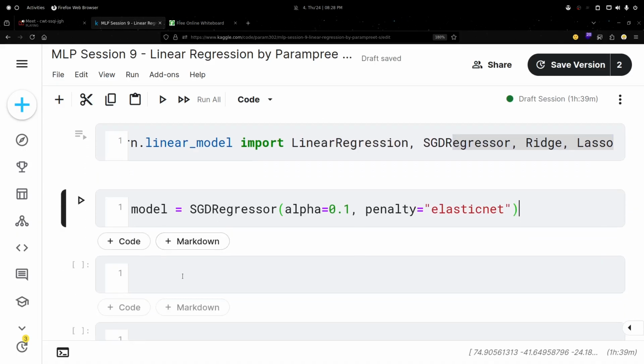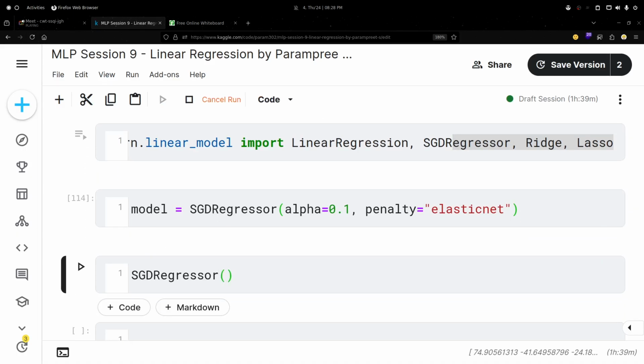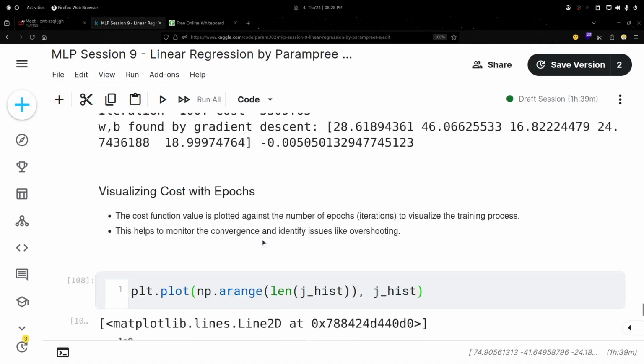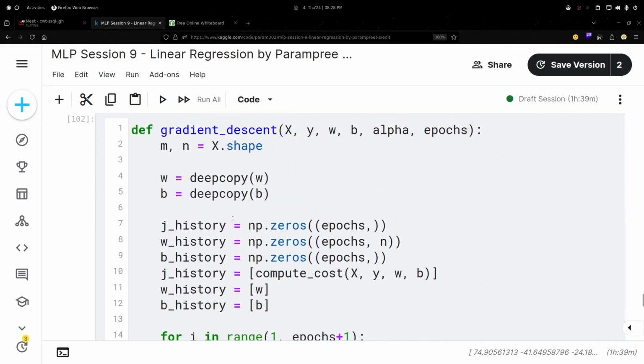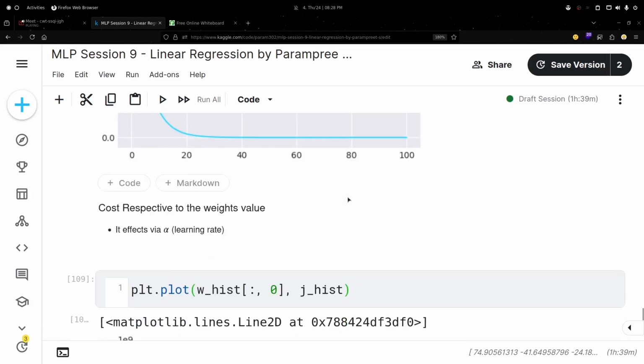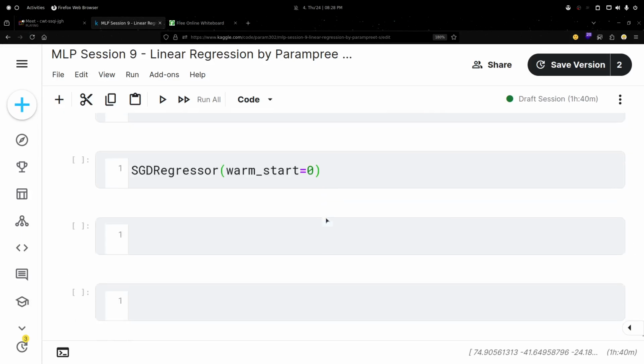And one more thing, in the questions you might have seen one parameter which is warm start, right? What warm start basically does is we are noting down each step in the gradient descent. Okay, so if we set warm start and then we do fit, whenever we call model.fit now, it will take each step.